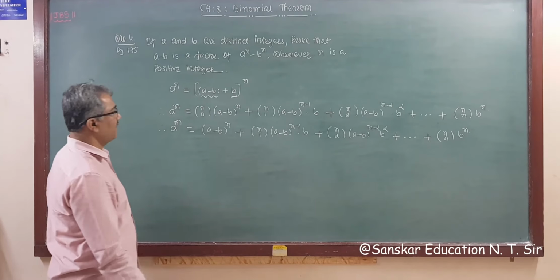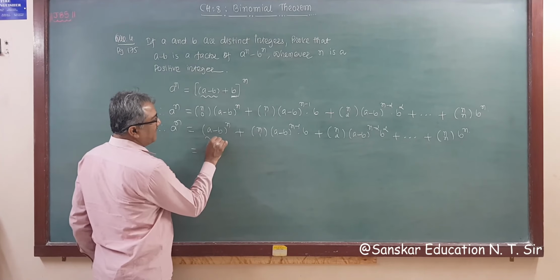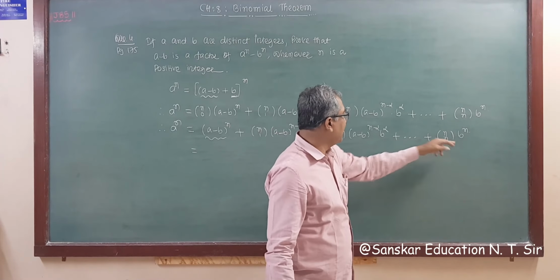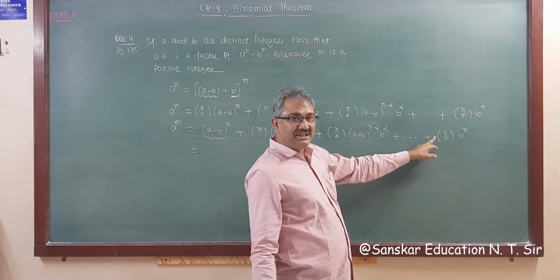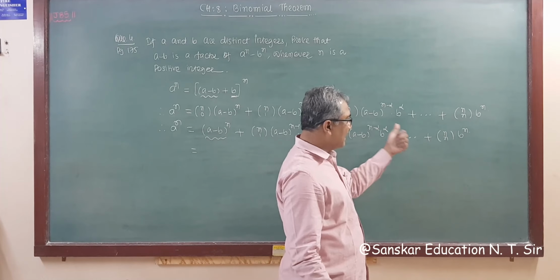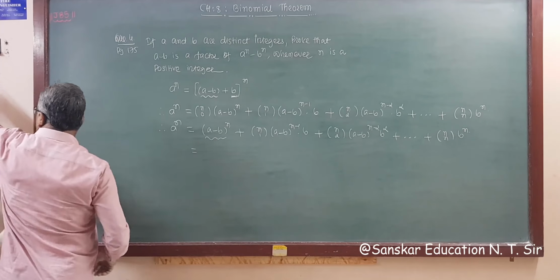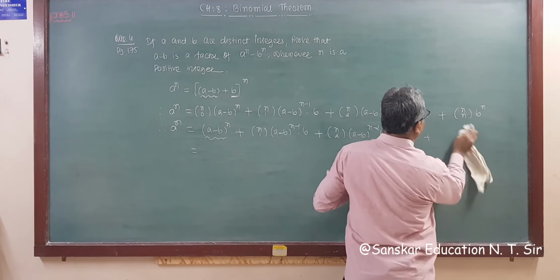So now we are interested in a minus b, so this is a minus b whole raised to n power. So somewhere here we get a minus b raised to 1 power, because of the second last term, okay? So see, this is our last term, right?